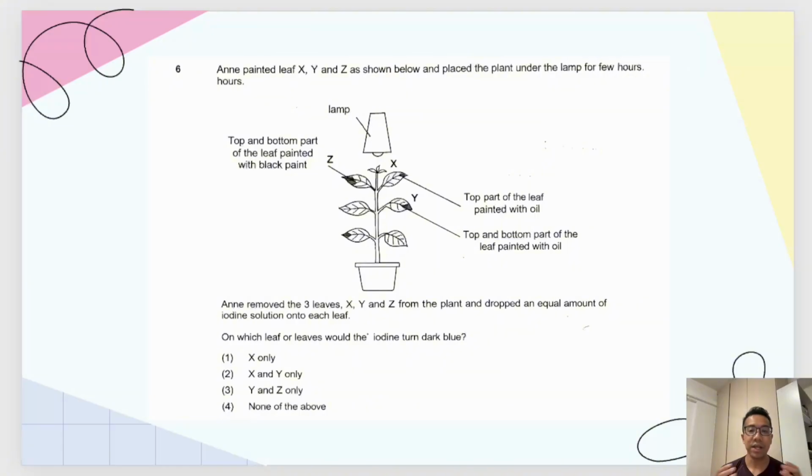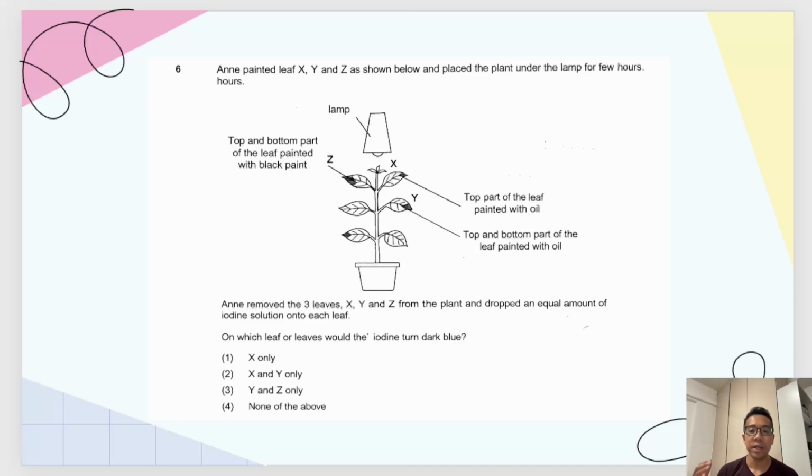So, as such, let's take a look at individual leaves and see if the leaf can produce starch or can complete the process of photosynthesis. Let's first look at leaf Z. The top and bottom part is painted with a black paint.